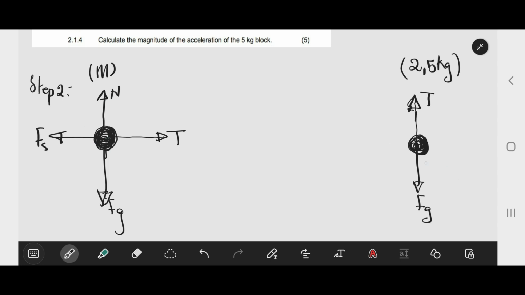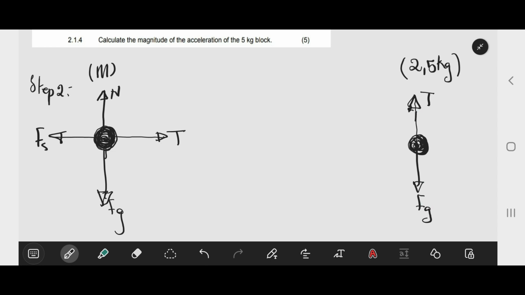If we look at the free body diagram for the 2.5 kg, we have tension in the y direction and Fg in the y direction. So there's no need to resolve tension or Fg, because they are both in the y direction.